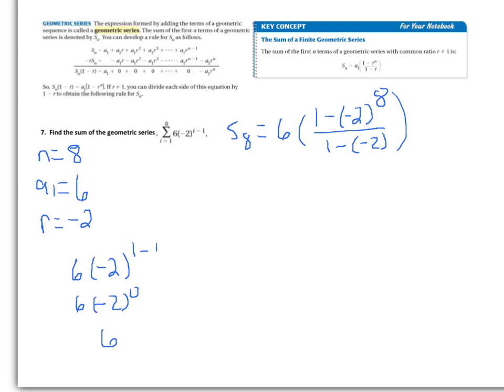The denominator is 3. So if you calculate just what was in the parentheses there, you get 6 times negative 85, which is negative 510.